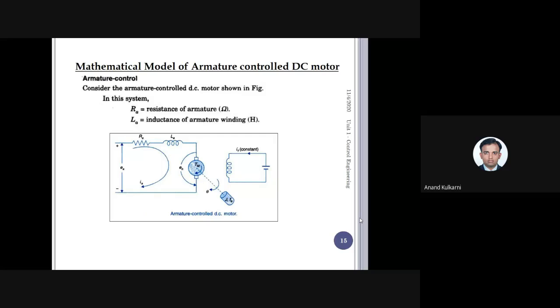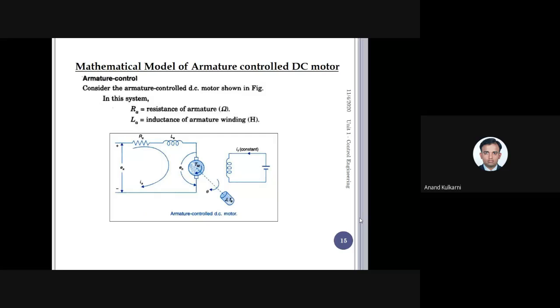A DC shunt motor has low starting torque, but it is safer, whereas a series motor has a high starting torque, but it is slightly unsafe. A compound motor falls in between the two, with both advantages and disadvantages of shunt and series motors. Each one has its own application.